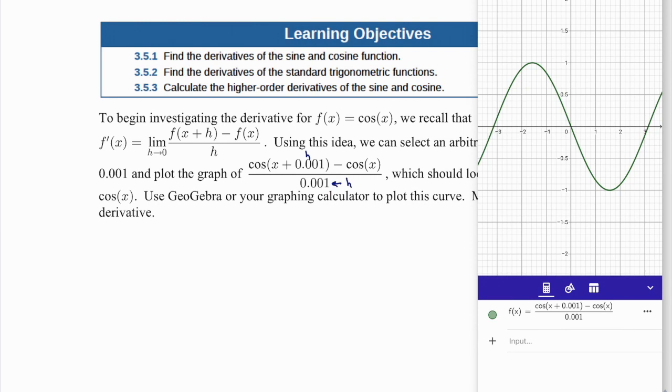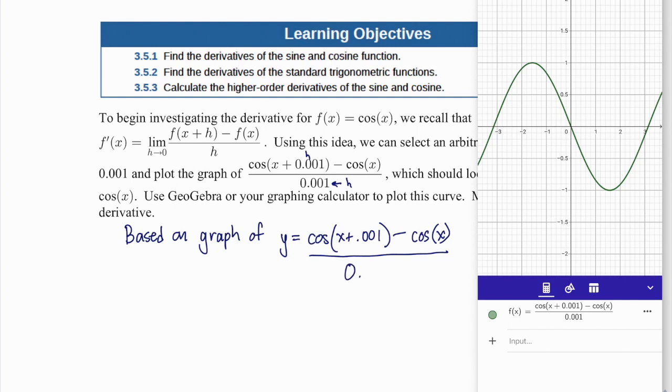So, based on our graph, we would say it looks like the derivative for cosine, which this graph should be approximately the same as. We would say it looks like the derivative of cosine of x would be the opposite of sine of x.